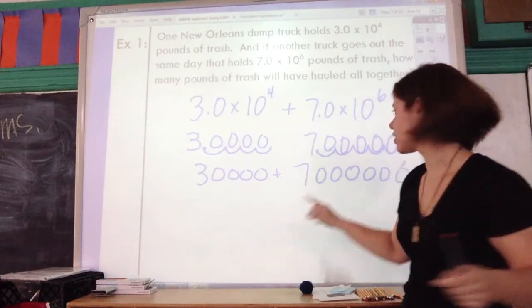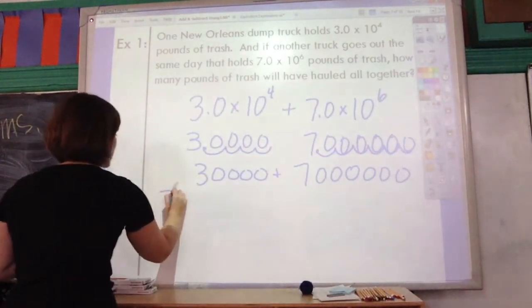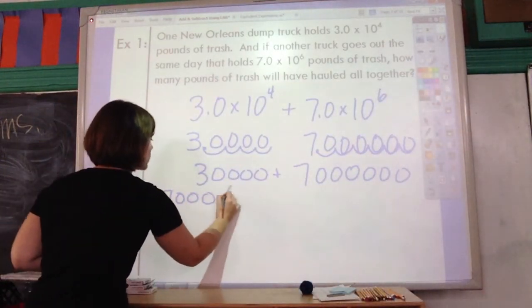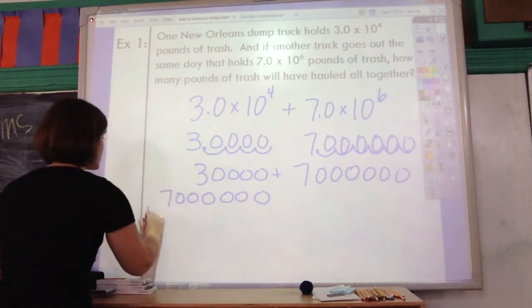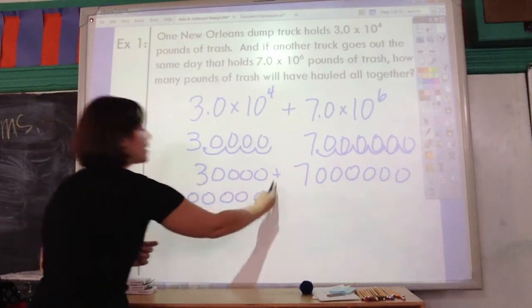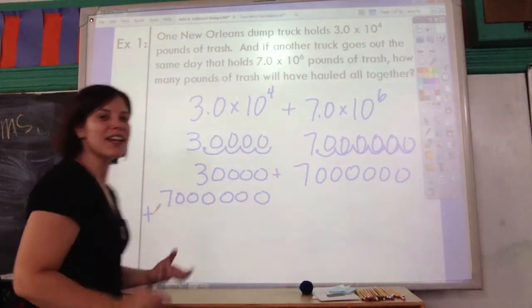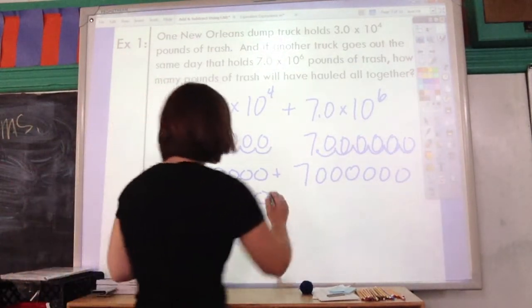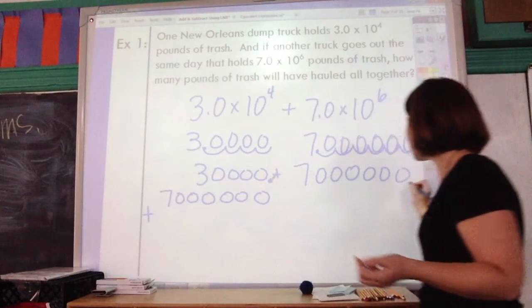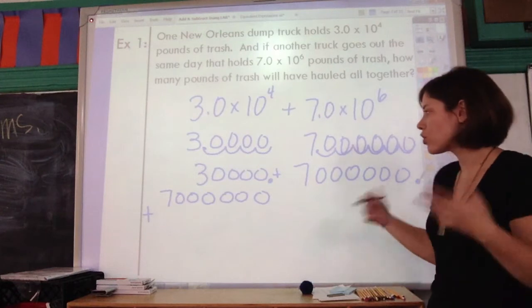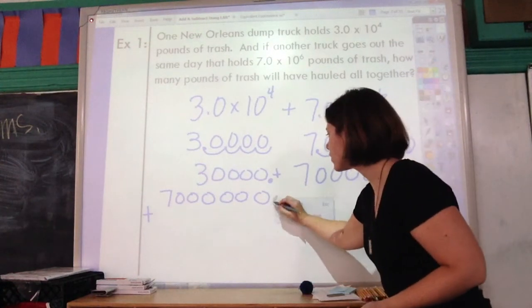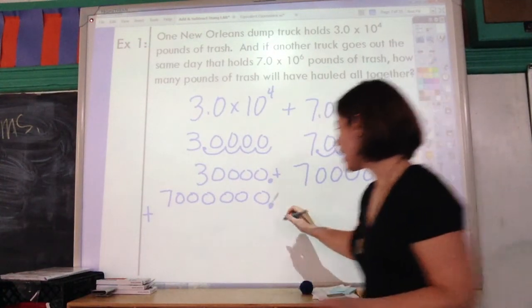So this 7 million is going to go on top, and then 30,000 I line up over on the right. That actually makes sense because my invisible decimal is at the end of these numbers. So if you're getting confused about the decimal, put that invisible decimal in there and line them up.